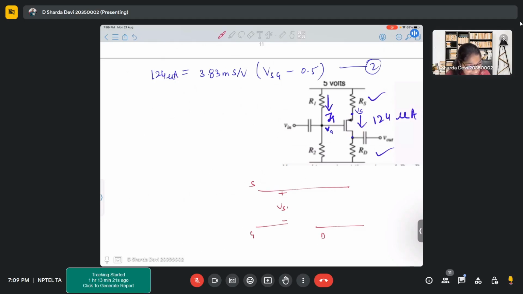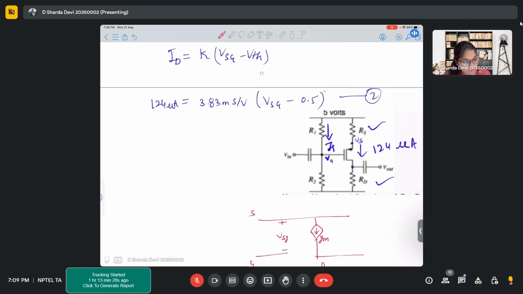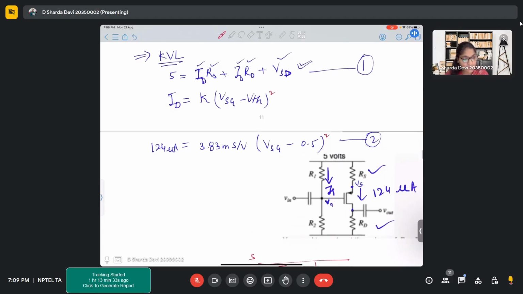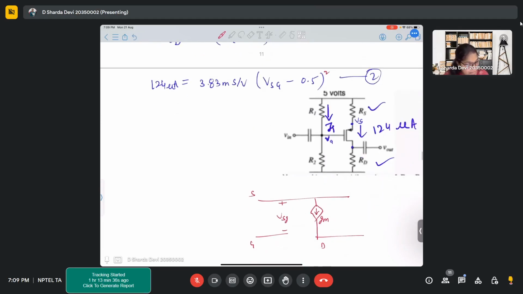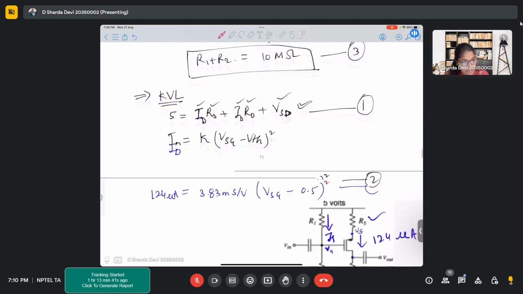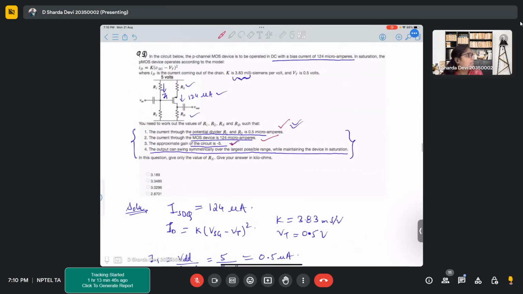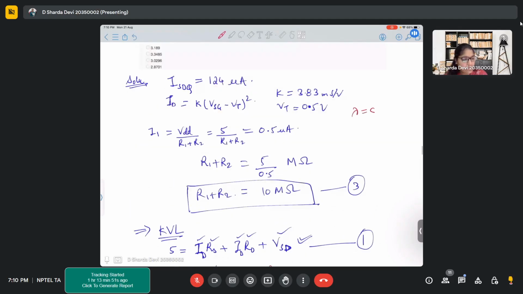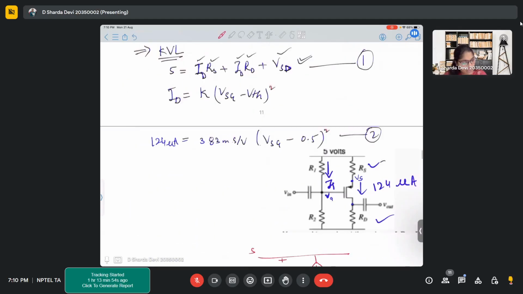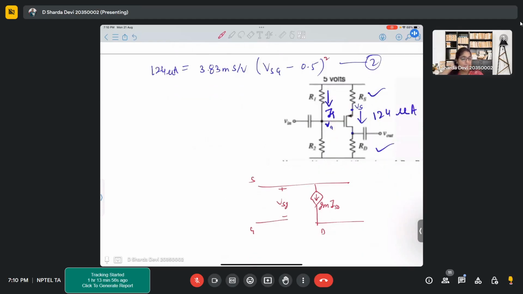Here the equation should be (VSG minus VTH) whole square, 0.8 whole square, with gm. Since nothing has been mentioned about lambda, let's consider lambda to be 0 for now.